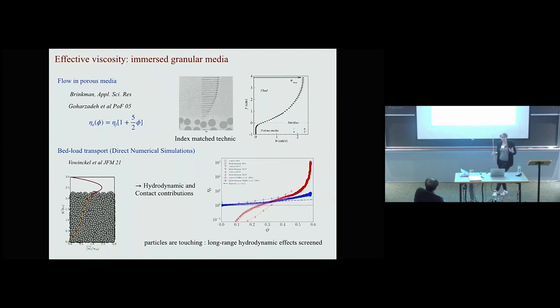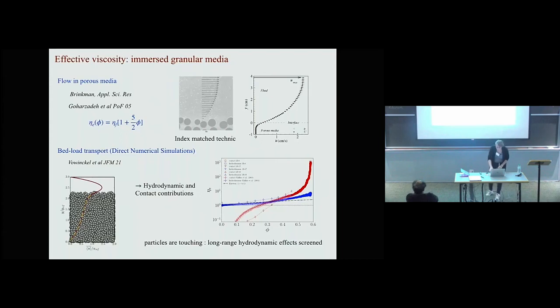So for this work, we choose to use a non-diverging effective viscosity. And we think that it is not diverging because it's not the same as neutrally buoyant. Here, in this case, all the particles are always touching. For all cases, also for low phi, in fact. All the particles are touching, so we can think that the long-range hydrodynamic effects are screened.